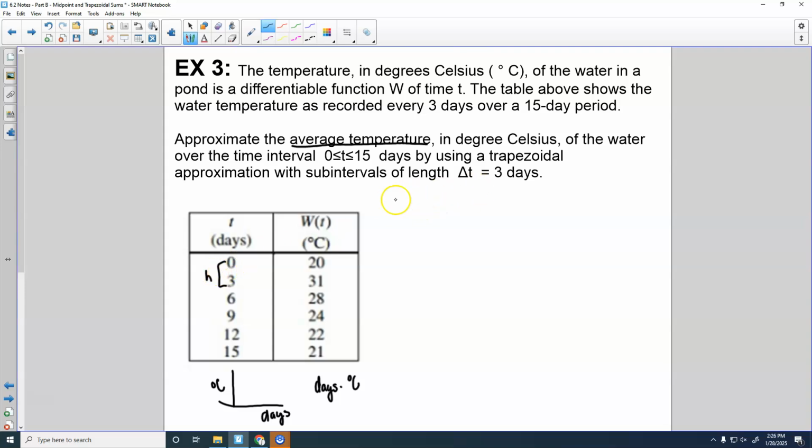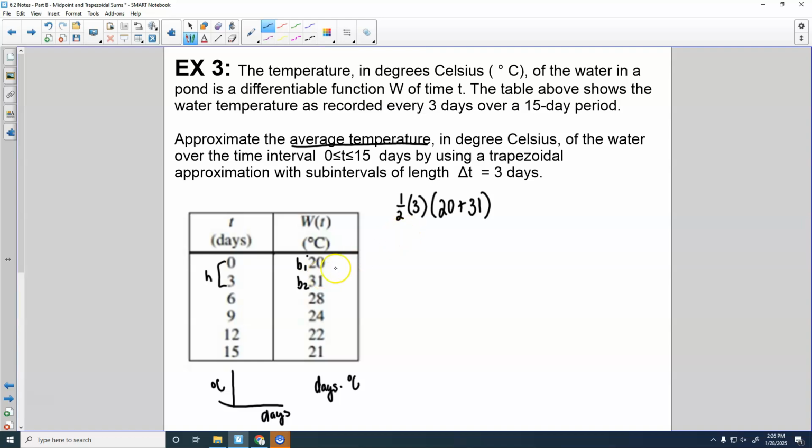So we're going to have 1/2 times the height, which is 3. And for that first trapezoid, base 1 would be here, and base 2 would be here. So I have 20 plus 31. I could type that in, but I'm going to do every one of these, and then we're going to talk about how we can make it easier to put in.